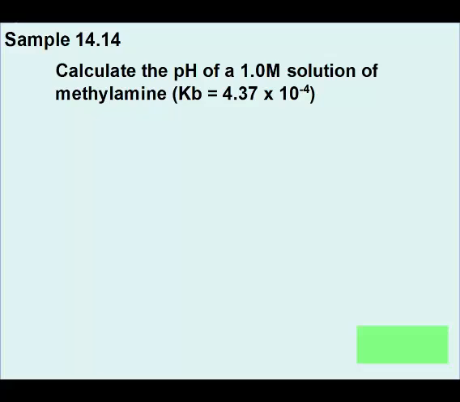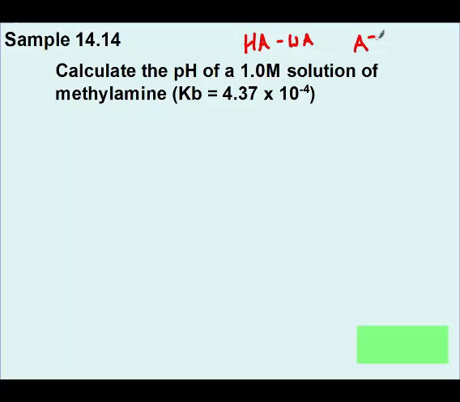So in this problem, we are calculating the pH of a 1 molarity solution of methylamine. I didn't give you the formula of methylamine, so if you get stuck on a worksheet and you're like, ooh, I don't know what methylamine is. Well, HA is the general formula for any weak acid. So when that loses a hydrogen, it turns into A negative.